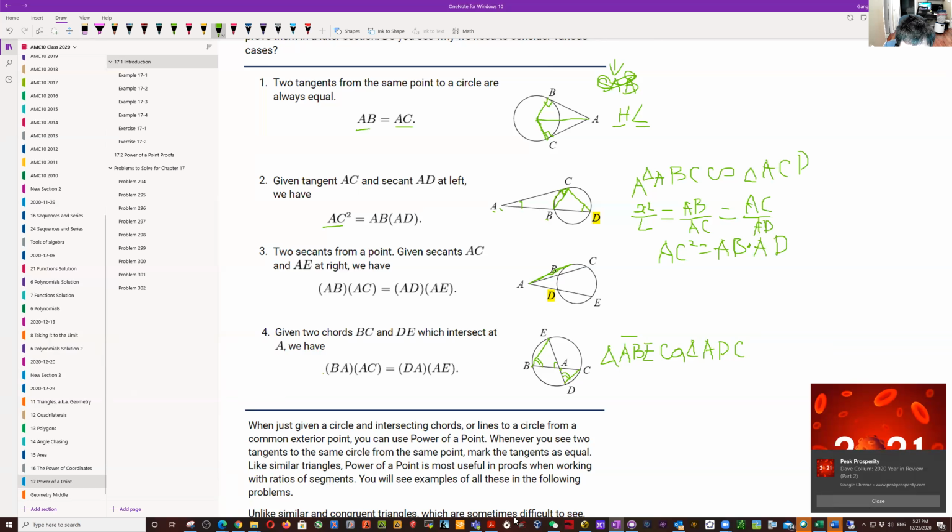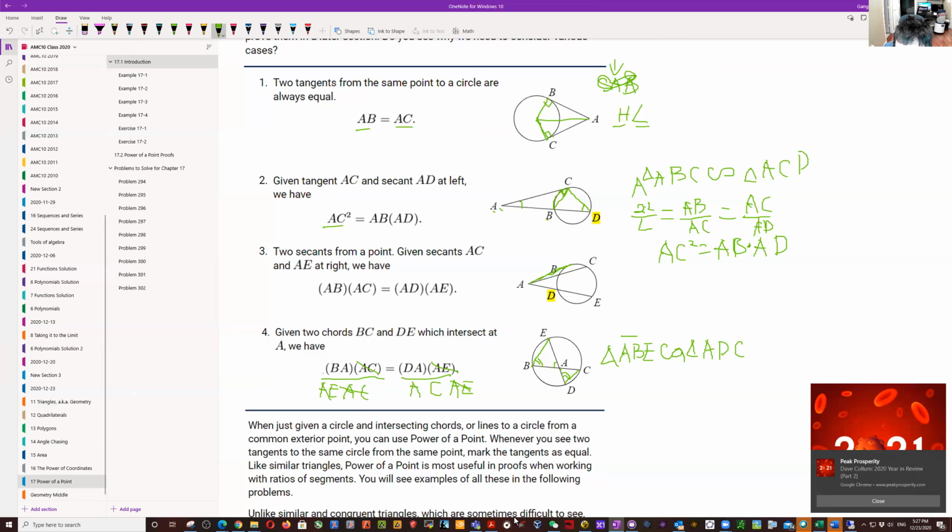BA multiply AC. What I can do is divide AC on both sides, so this is canceled, then divide AE on both sides. So AE is canceled. So BA over AE.